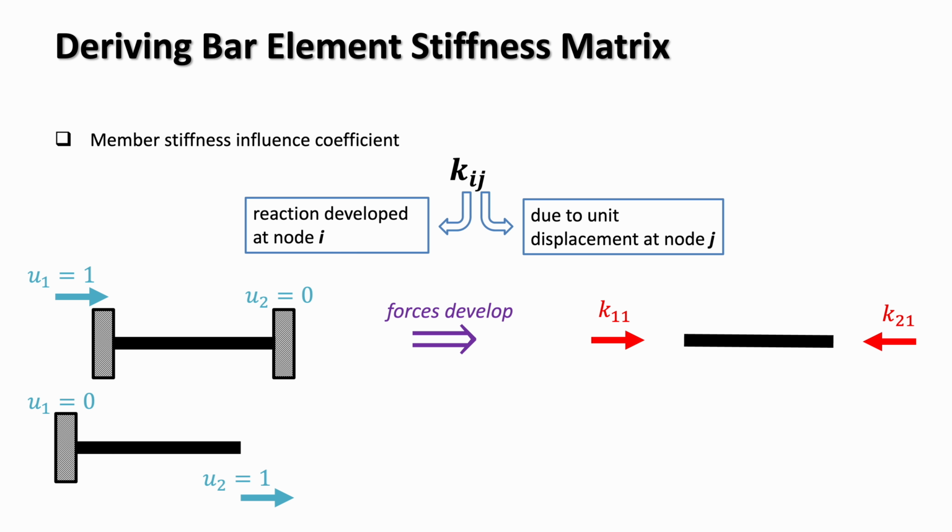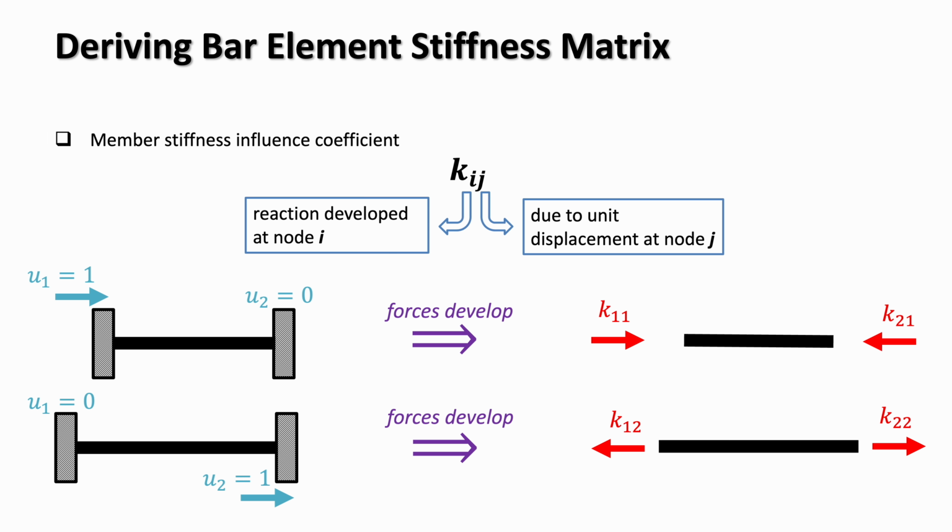Next we apply a unit displacement of u2 at node 2, while node 1 is restrained. This also produces forces at both nodes, K12 and K22, and they form the second column. Together, these coefficients form the element stiffness matrix, which fully describes how this member resists axial deformation under nodal displacements.